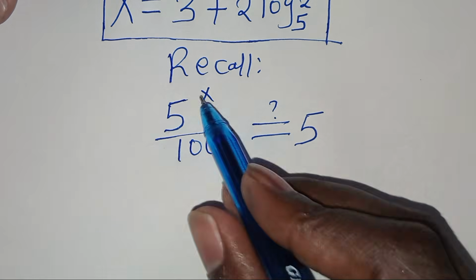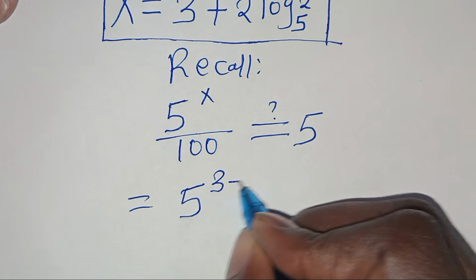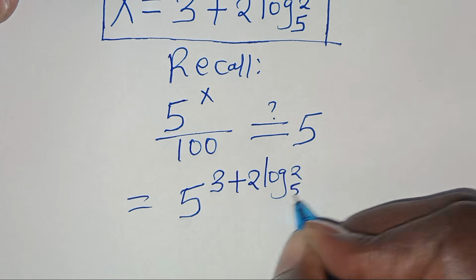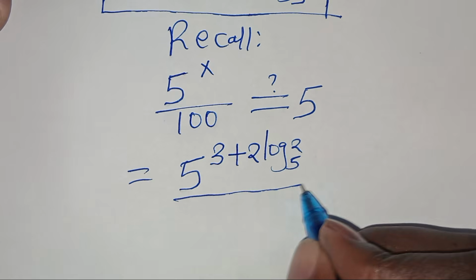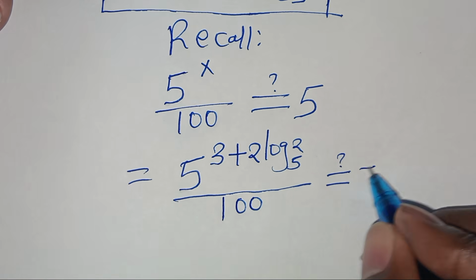So let's substitute the value of x, so that we have 5 raised to the power of 3 plus 2 log 2 to base 5, everything divided by 100. This should give us a value of 5.